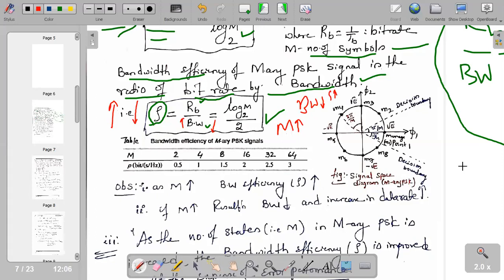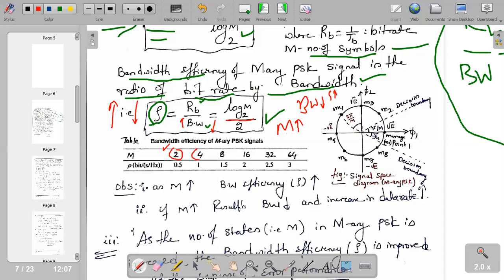So one bit is defining the bandwidth efficiency of an M-array PSK system, and another is computing the bandwidth efficiency for different values of M. Now by making use of this expression, rho is equal to log M base 2 whole divided by 2, for different values of M: when M is 2, this gives your BPSK system.